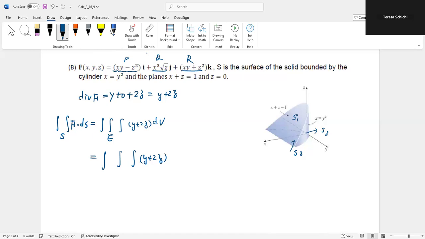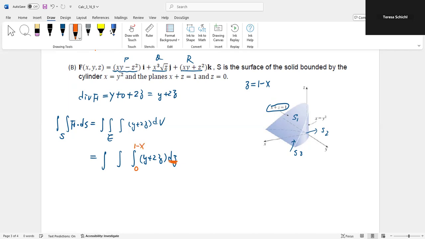Let me integrate dz here. Because of this plane, z is equal to 1 minus x, right? So dz is from 0 to where? To 1 minus x.